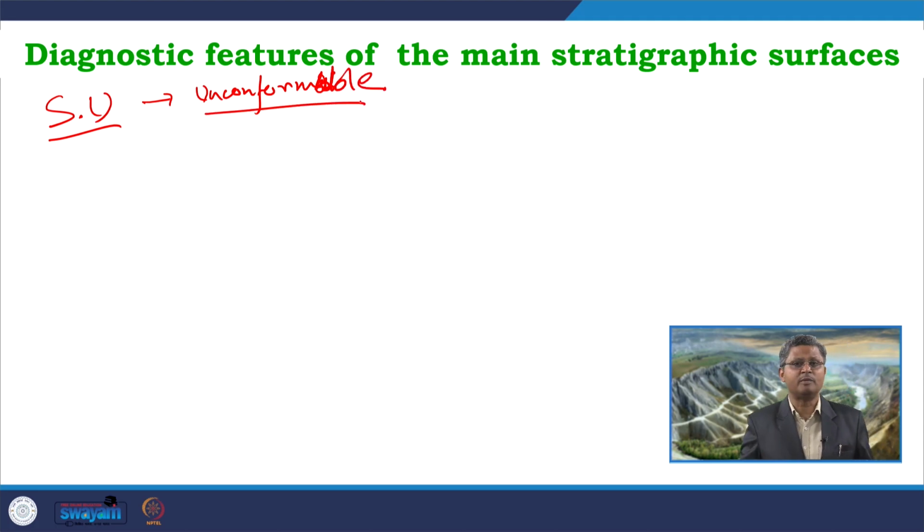What will be the type of succession, the depositional trend, below the subaerial unconformity? It is an HST. So, in the lower part of the succession below the subaerial unconformity, we expect an HST to occur. It should be a normal regressive pattern, and when it is normal regressive, it should be a coarsening upward pattern.